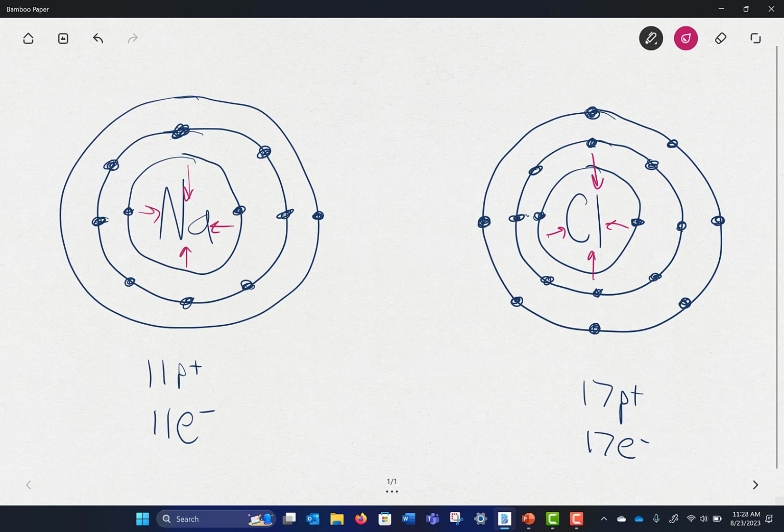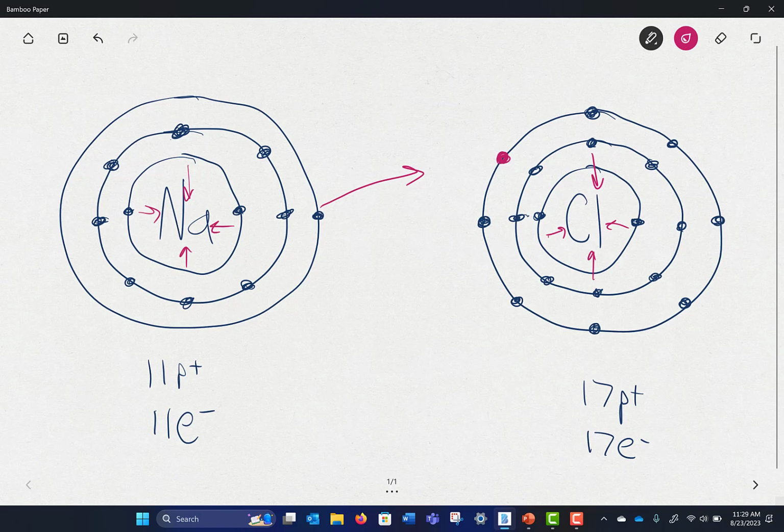And it pulls so hard because of that much greater electronegativity, it will actually take one of sodium's electrons. I'm drawing it in red so it stands out, but all electrons are exactly the same. Once that sodium electron moves into chlorine, there is no way of knowing which of those electrons originally belonged to sodium. They are all exactly the same.